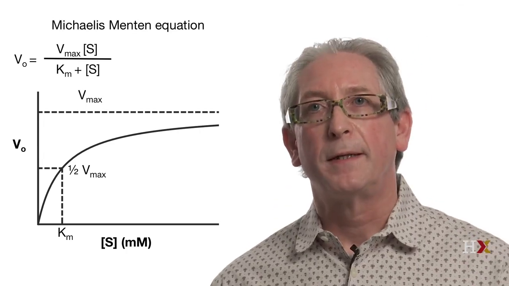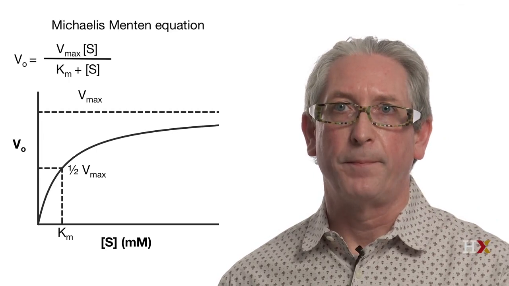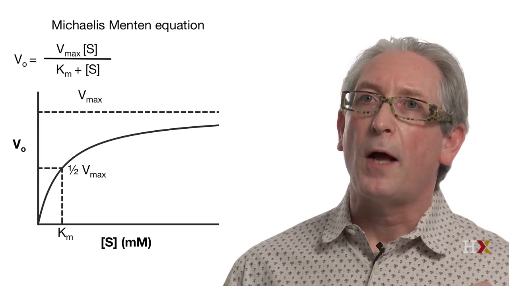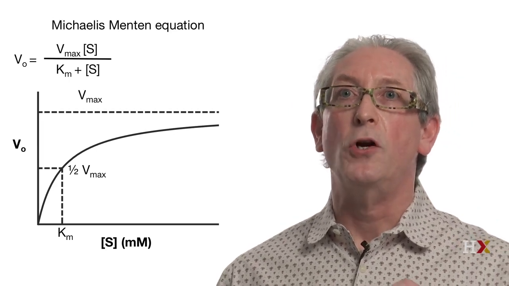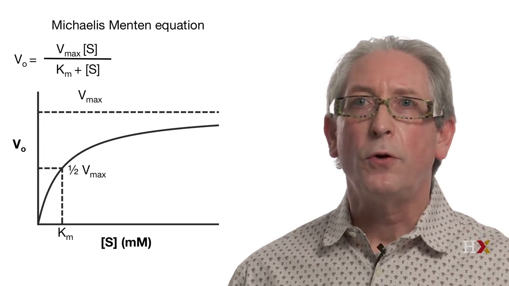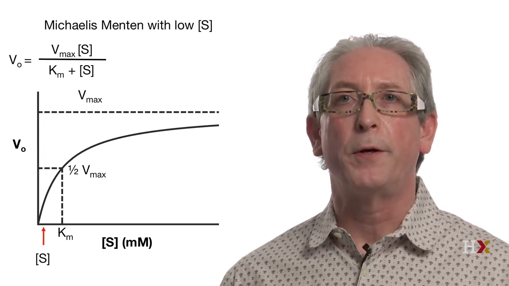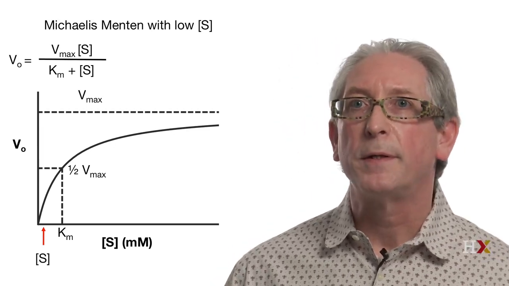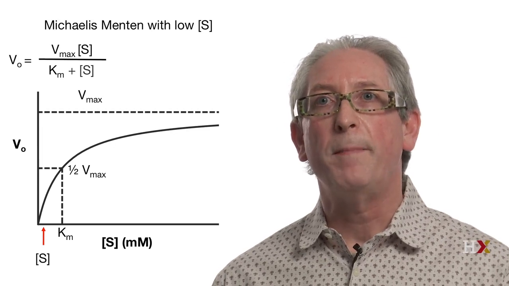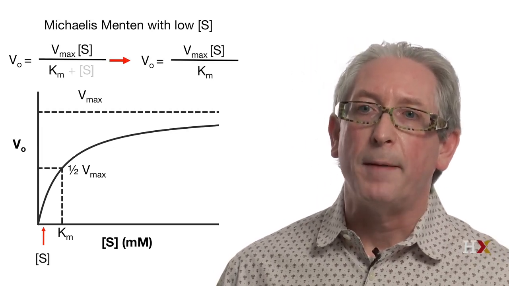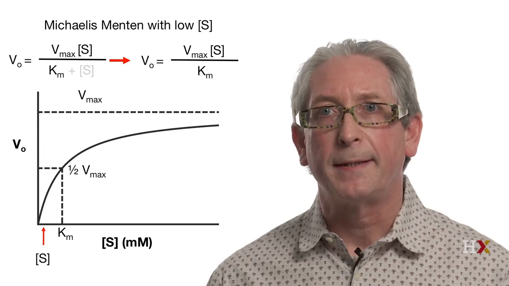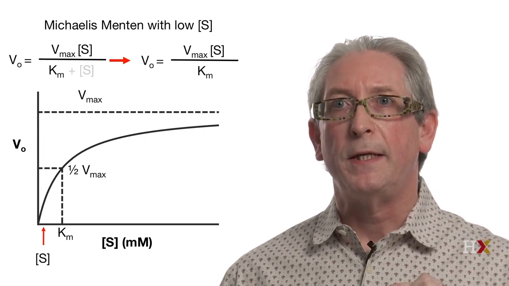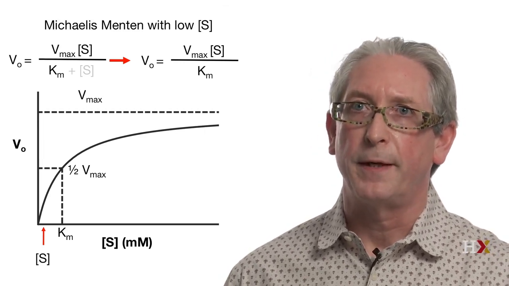What can we predict from the Michaelis and Menten equation? Well, we can, for example, consider that the concentration of substrate is very low. So low that it's negligible compared to Km. In this case, the Michaelis and Menten equation becomes V0 equals Vmax over Km times S, which means that under this condition, the velocity of the reaction is directly proportional to the concentration of substrate.